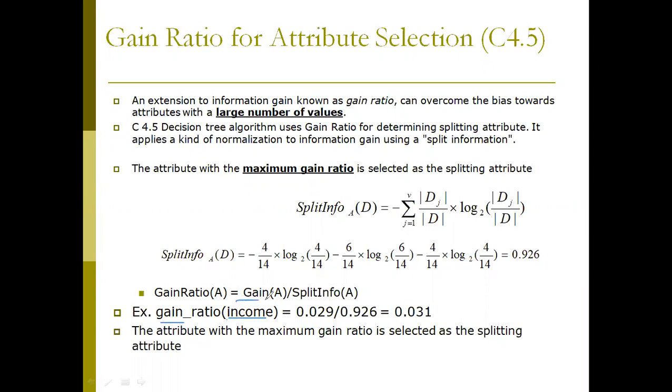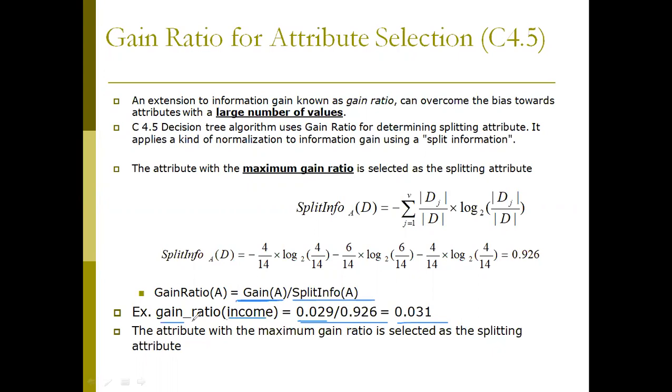After that, that value should be substituted in the gain ratio formula with the split information of the attribute. These are the values which we have in our table. So finally, this is the result for the gain ratio of income.